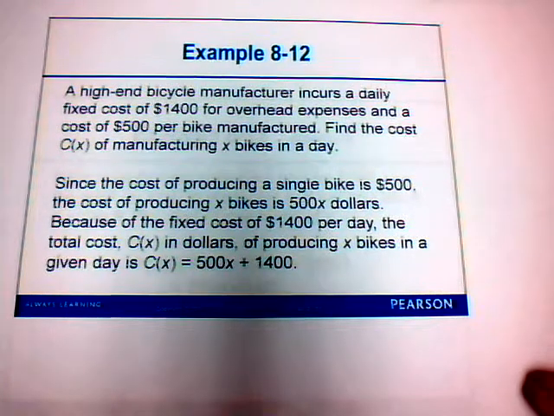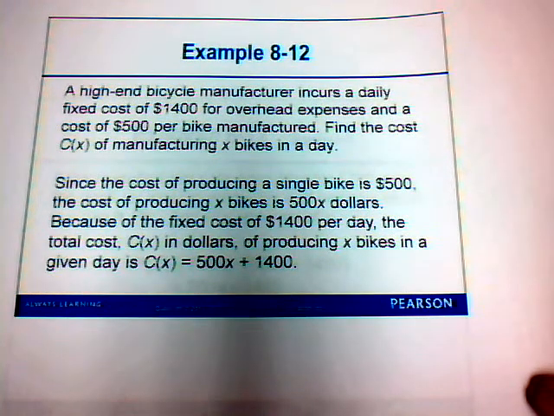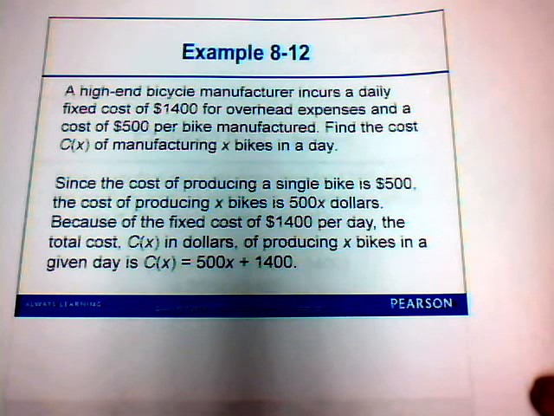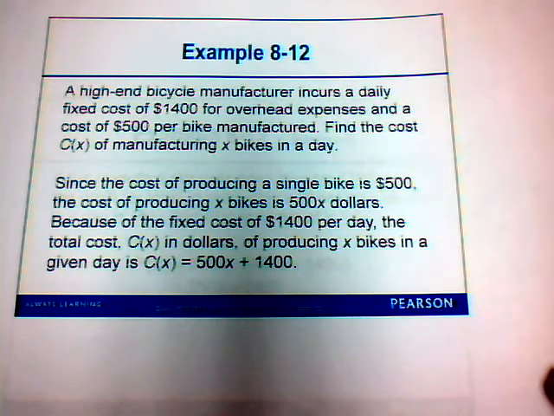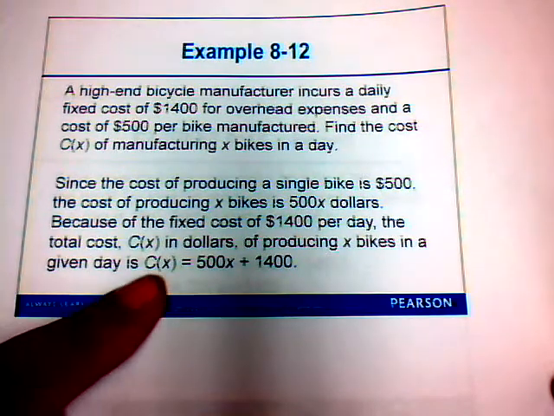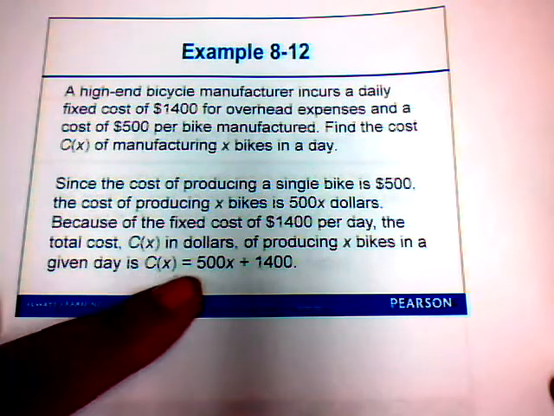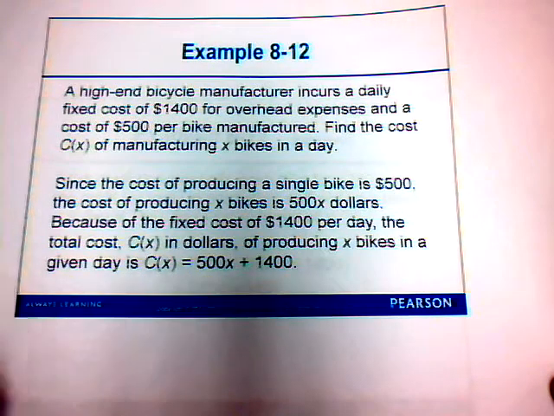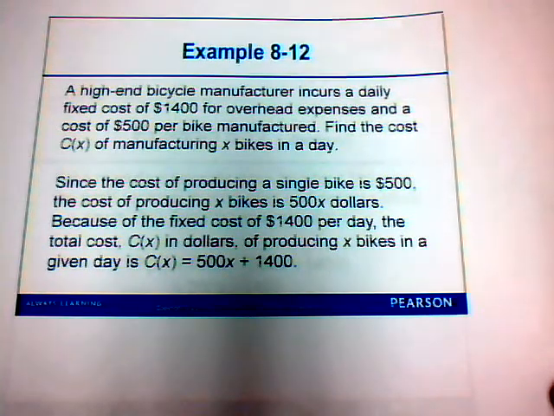Because of that, the cost of producing X bikes is 500 times X, so it'll be $500X. Because of the fixed cost of $1,400 per day, the total cost C of X, in dollars, of producing X bikes in a given day will be this particular function: C of X is equal to 500X plus 1,400.